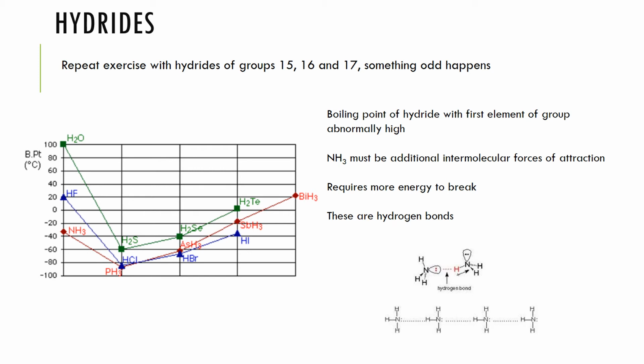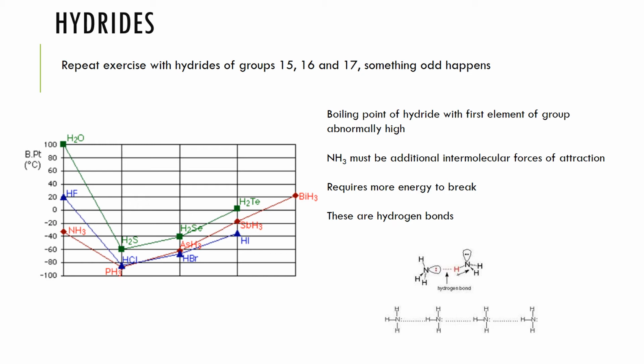The boiling point of the hydride with the first element of the group, so we're talking about nitrogen, but this also applies to group 6 and 7, you find that the boiling point of that first hydride is abnormally high, and after that the boiling point increases. And you can see that it's not slightly higher. The boiling point of the first hydride in the group is significantly higher than the second one.